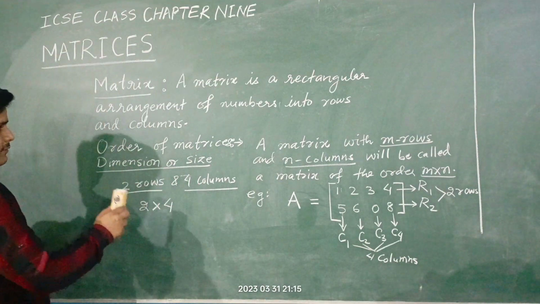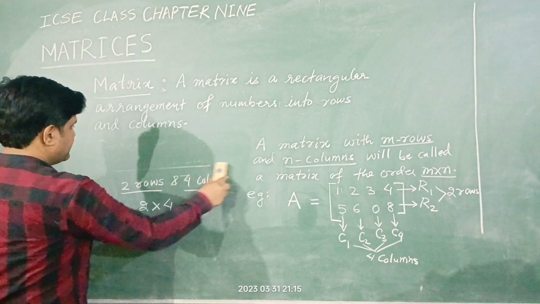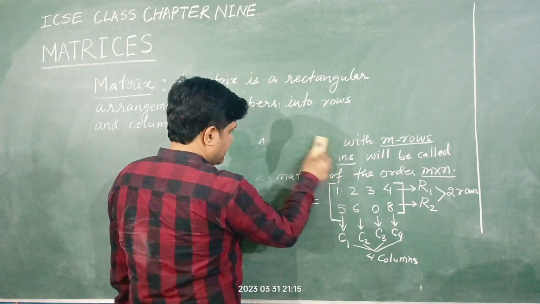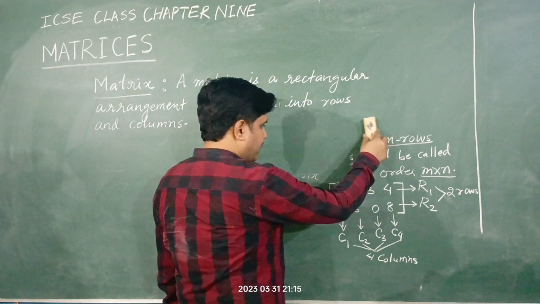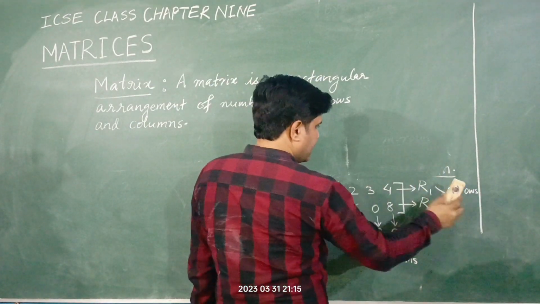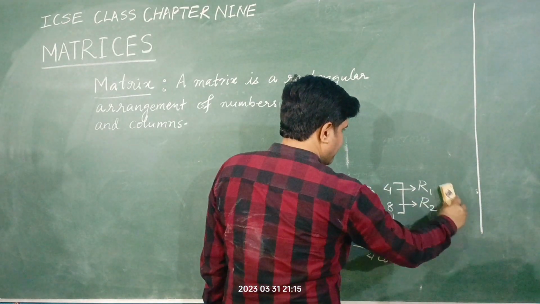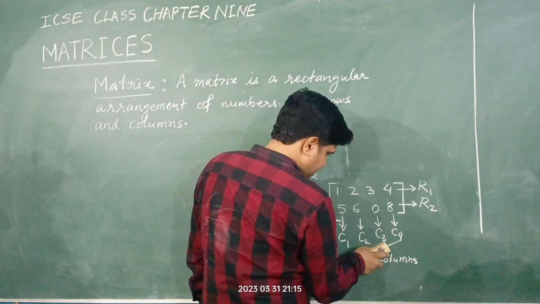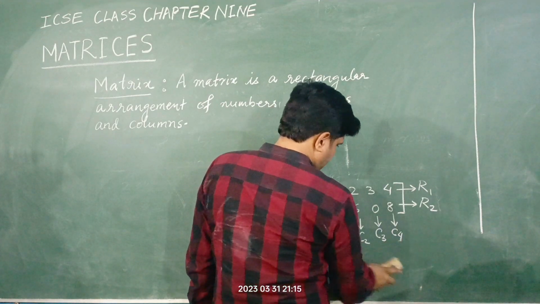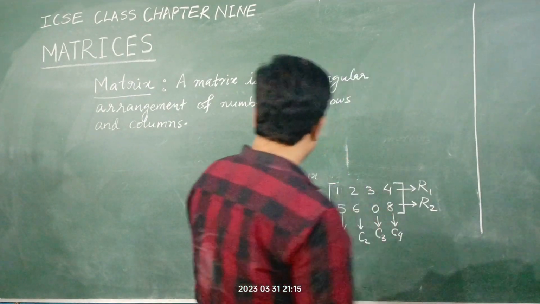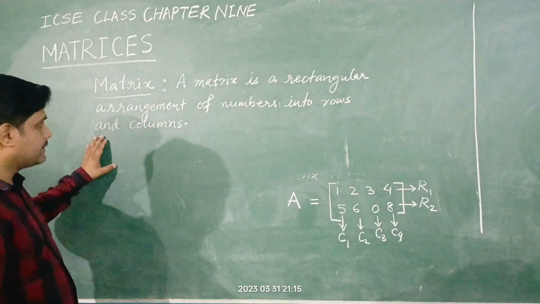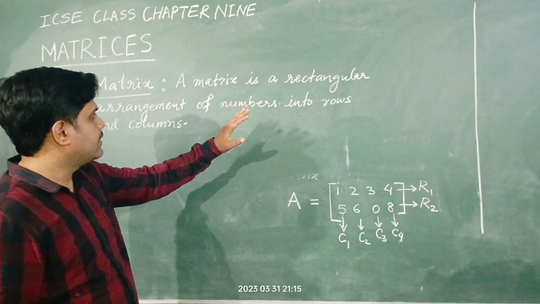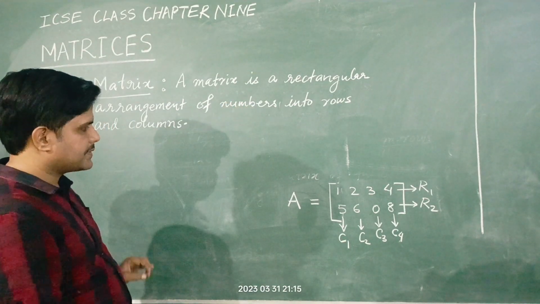You can clearly see that in the example of a matrix I have written here, I have written numbers like 1, 2, 3, 4, 5, 6, 0 and 8. Since these are written in rows and columns, you can clearly understand that this is a matrix. Now let's get back to the definition of matrices again. A matrix is a rectangular arrangement of numbers into rows and columns.